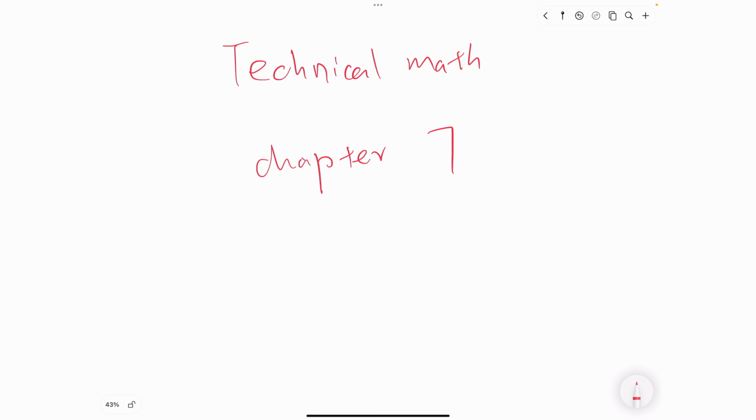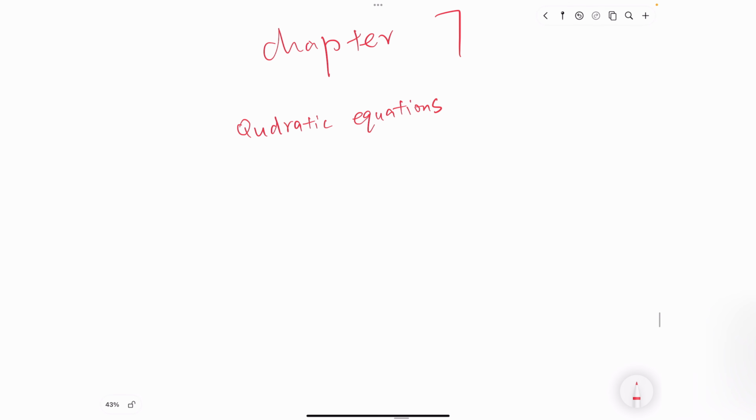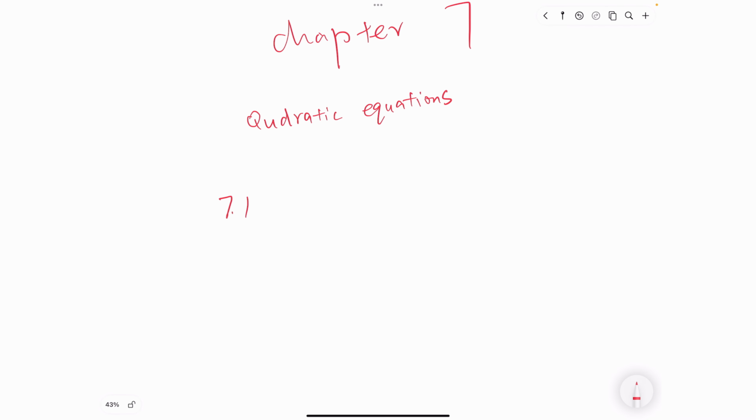It's about quadratic equations. 7.1 is quadratic equations and solution by factoring.